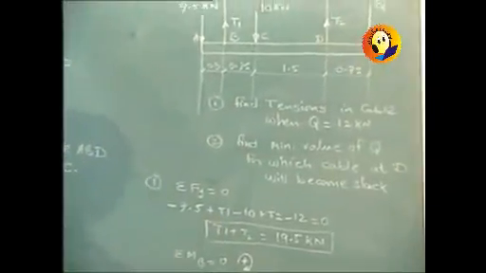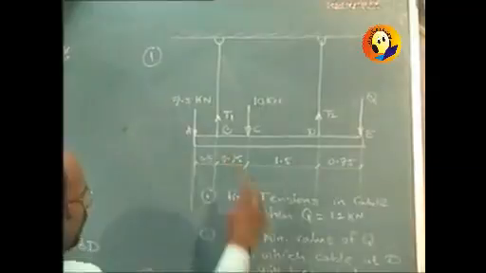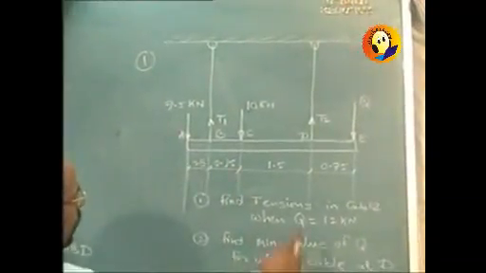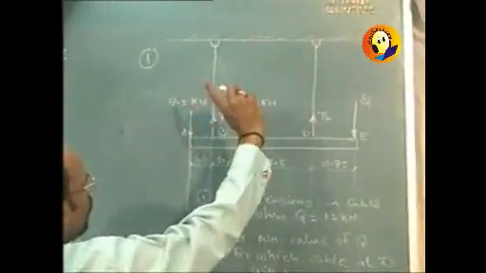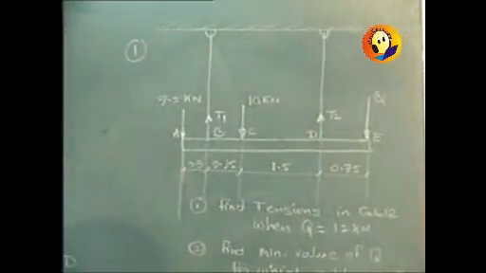Then the moment of the 10 kilonewton force will be clockwise. The moment of T2 will be anti-clockwise and the moment of Q will be clockwise. So accordingly we will write the equation.